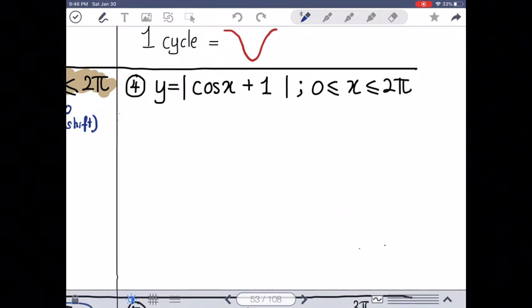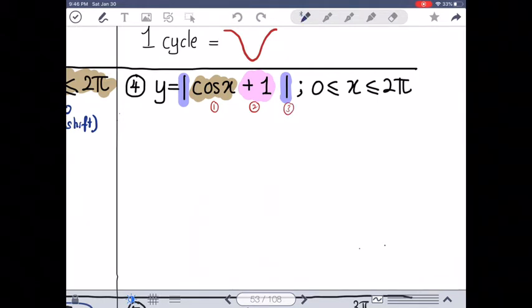In this case, again, work from inside to outside. The first one we need to deal with is cos x. The second part we need to deal with is plus 1. And the last one we need to deal with is the modulus. Okay, start from inside to outside.